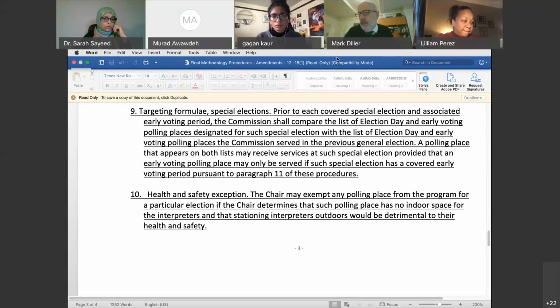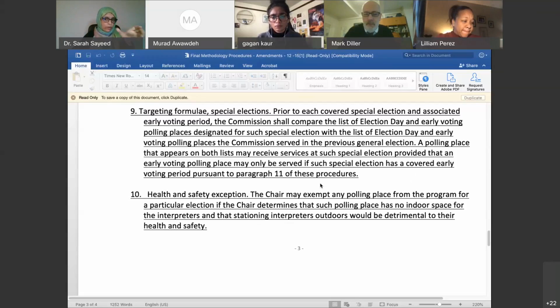But I do want to remind everyone that why we're having this conversation relates not just to resources, which is a real constraint, but also the way in which we develop this targeting formula, the nature of the data, how it's currently collected and also analyzed. We do not have, for the special elections that are coming up for a council level, estimates at the council level for which languages are predominant in that election district, or in the council district.